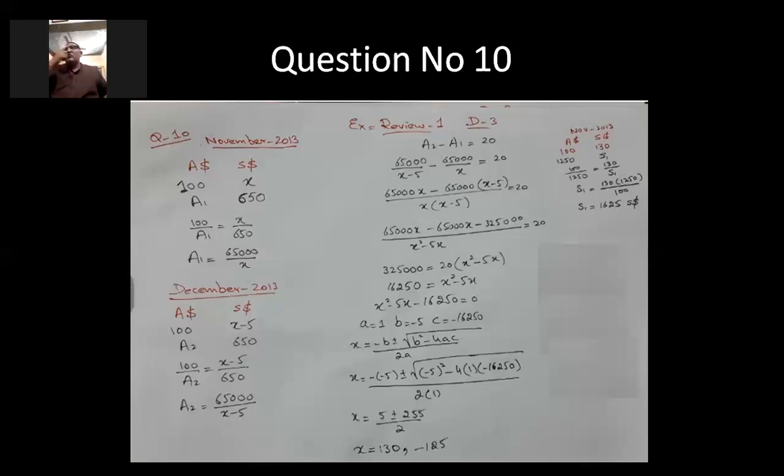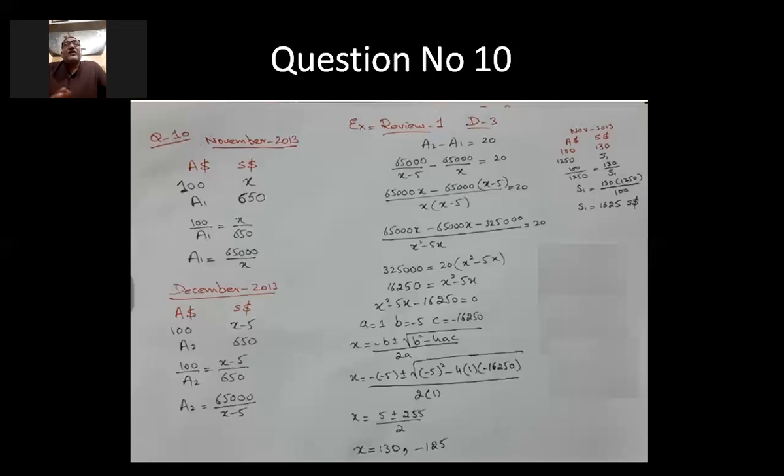Okay, so in the first portion, what happens? The story is about November 2013. The exchange rate between the Australian dollar and the Singapore dollar is 100 Australian dollar is equals to X Singapore dollars. A person has 650 Singapore dollars and he wants to know how much Australian dollars he will get.